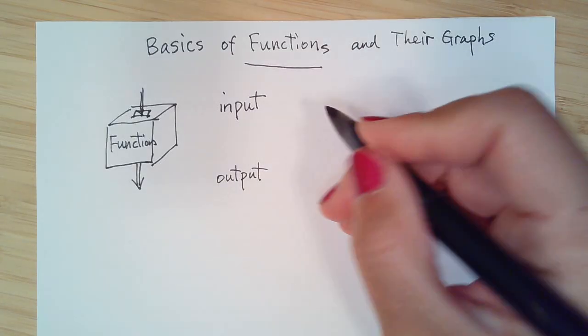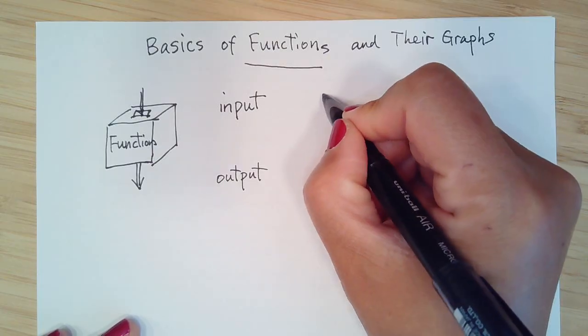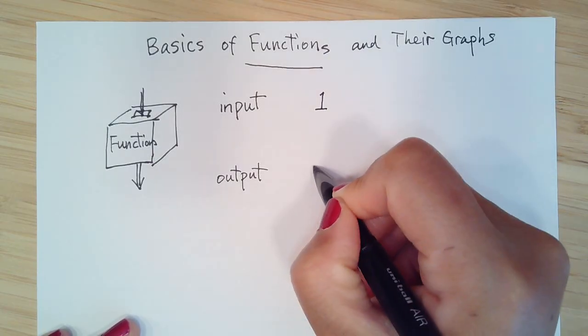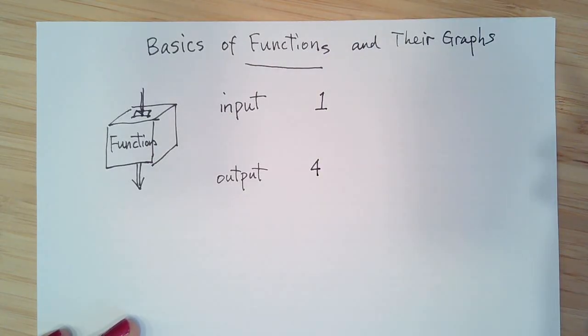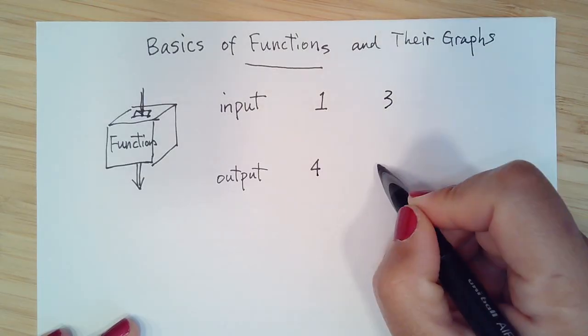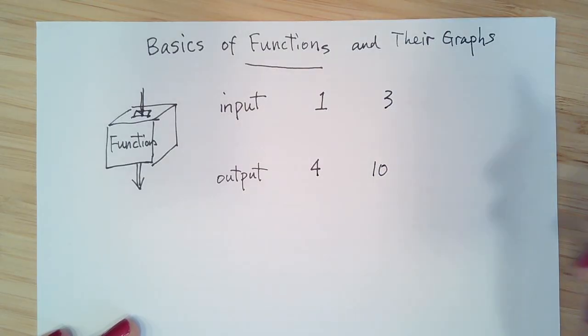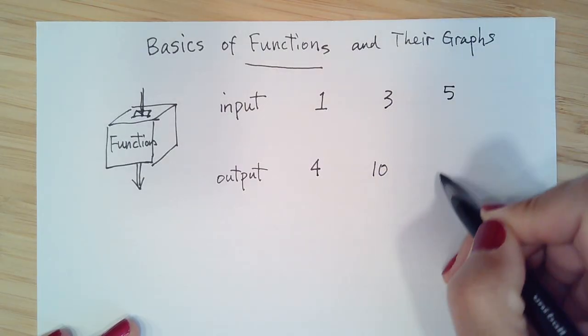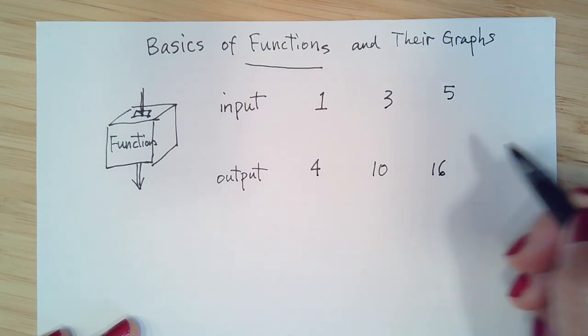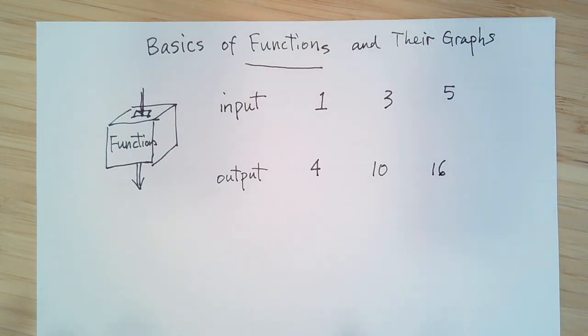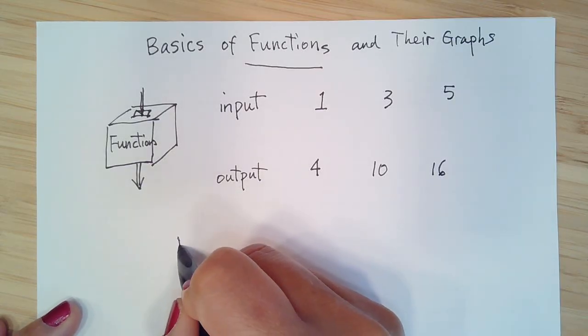For example, I put in a 1 and a 4 comes out. I put in a 3, and a 10 comes out. For whatever reason, I put in a 5 and 16 comes out. So this is how this magic box, or this function, works. We also call this a relation.